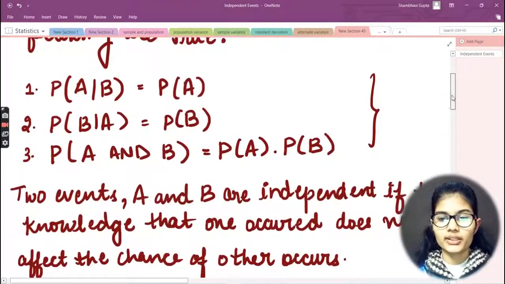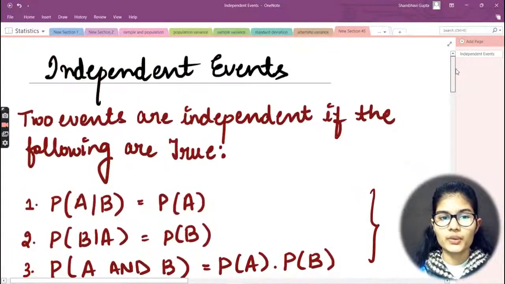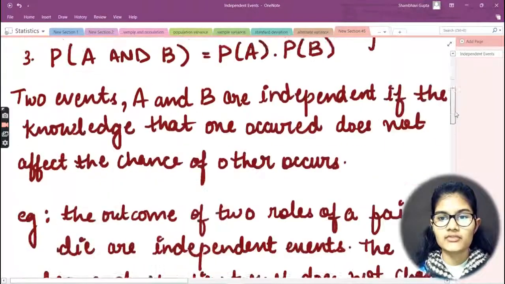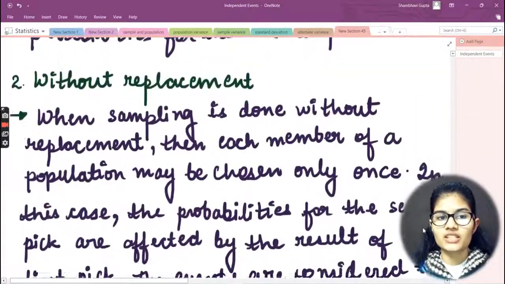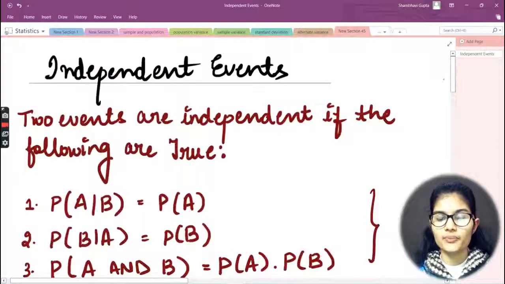And for sampling, we have two techniques: the first one is with replacement and the second one is without replacement. Hope I'm clear with that.